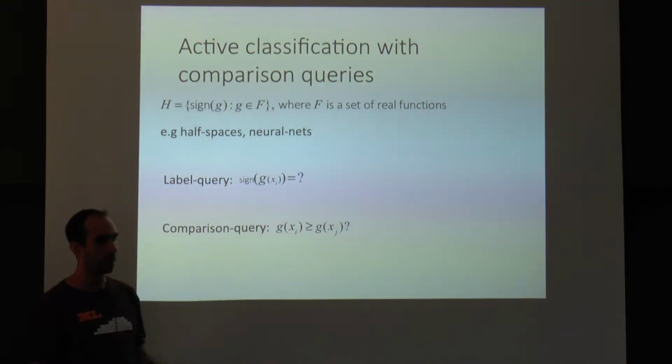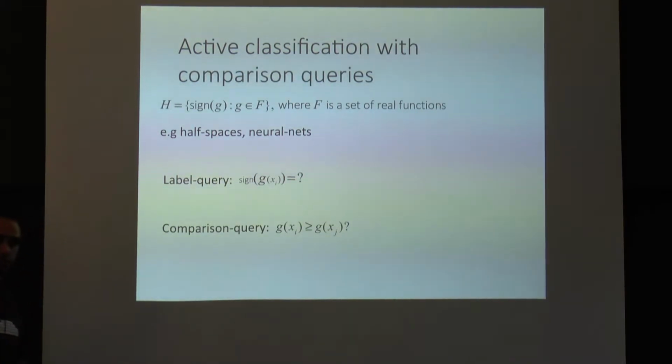If capital F are neural nets without putting the threshold gate on the top node, then capital H will be just the neural net, right? You can think of polynomials. Many well-studied classes are of this form.